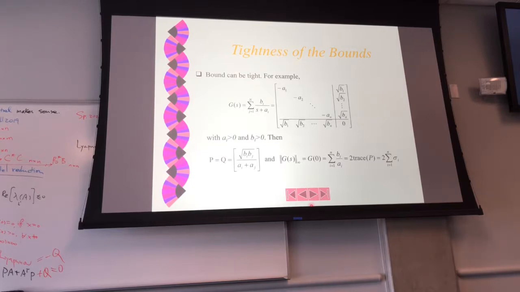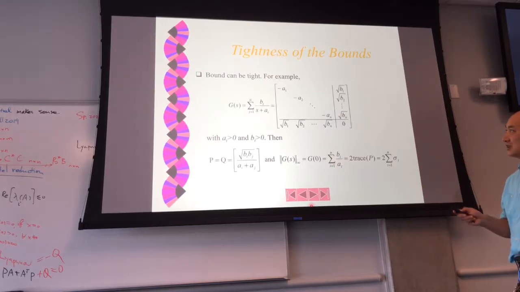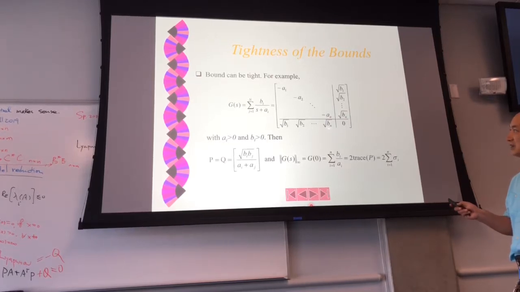So if you have a SISO system, a single input, single output system, and you have n low-pass filter type of things added together in parallel, you have A_i, B_i, and so on. So the B matrix is n by 1, this is 1 by n, and then this one is a diagonal of this one.